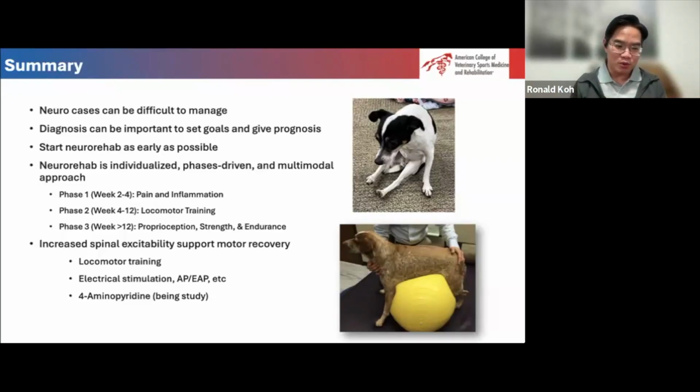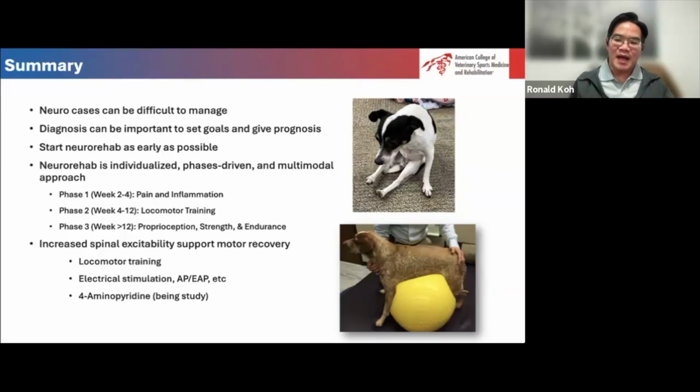So we learned about locomotor training and gait patterning. We also learned that some modalities could be helpful. Electrostimulation, acupuncture, electroacupuncture, shockwave, laser, they have some literature or evidence showing that they might improve neuroplasticity.